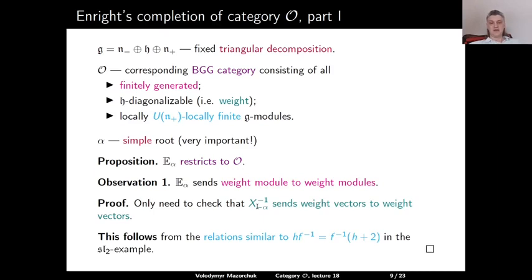But this follows directly from the relation which we saw in the example of SL2, the relation that H and F inverse commute up to adding some scalars to H. So we have this kind of relation between any Cartan element and this new element x minus alpha to the power minus 1, and this relation ensures that our new localized elements send weight vectors to weight vectors. So when we start from a weight module and localize it, we will get a weight module.